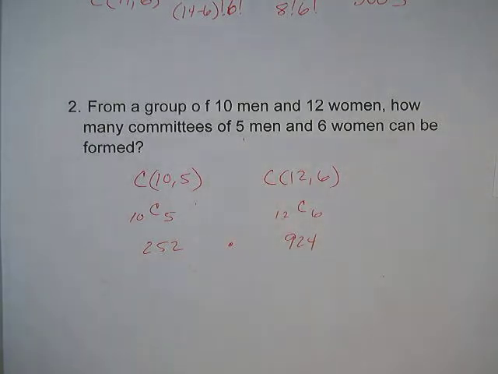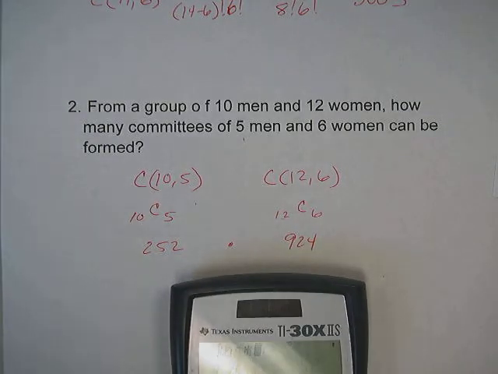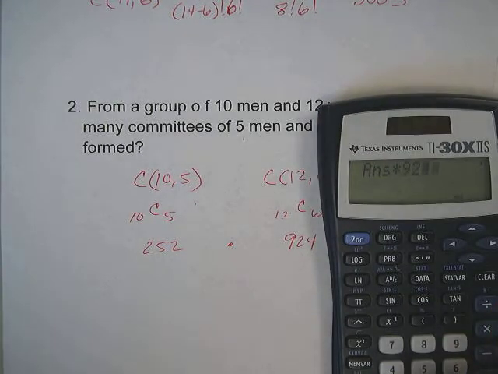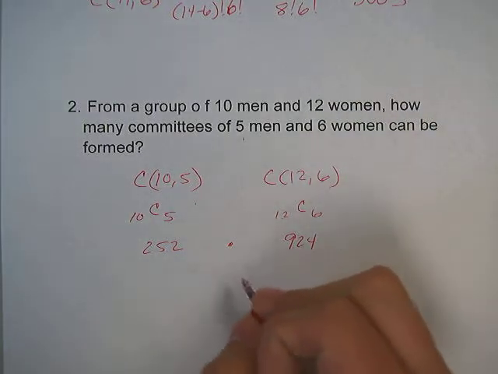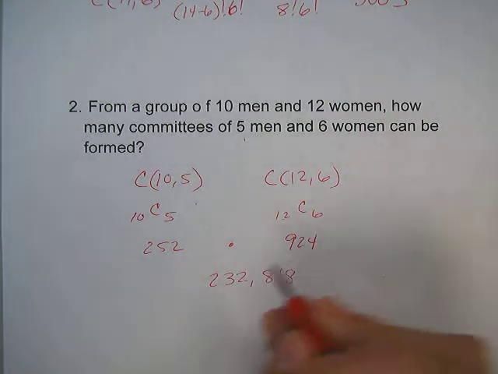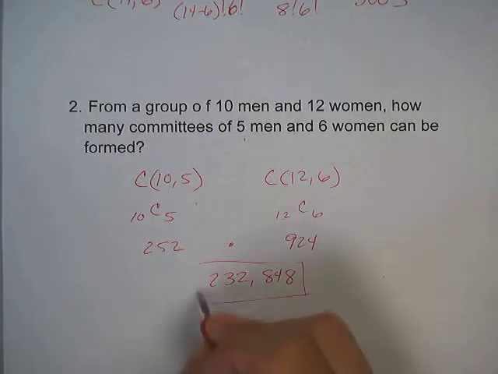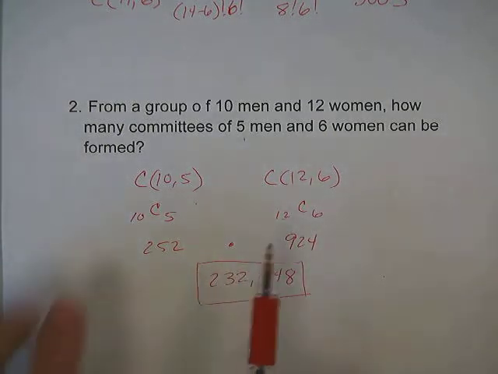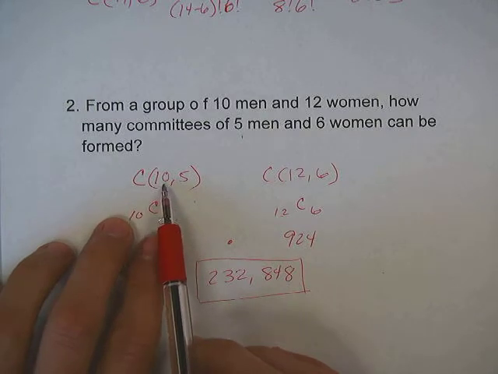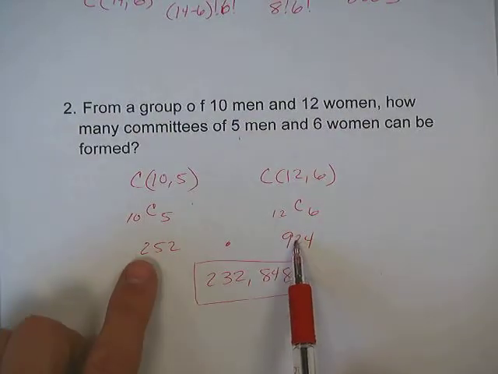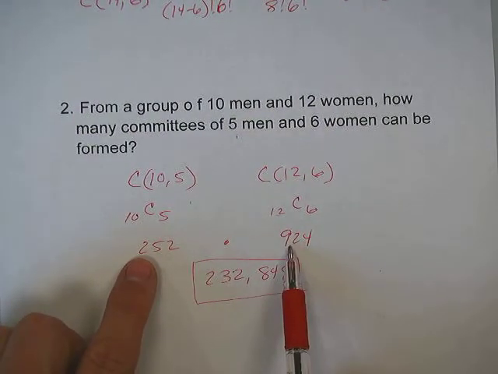And then because for every one of these combinations there's 924 of these that go with it, you multiply them together. So I would take that 252 and multiply by 924, and we'd end up with 232,848 different possible committees.